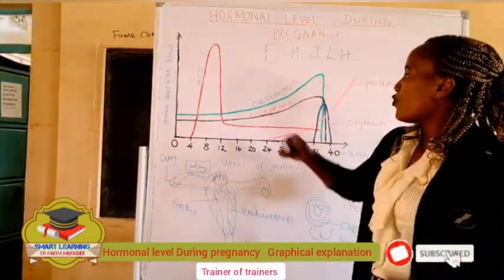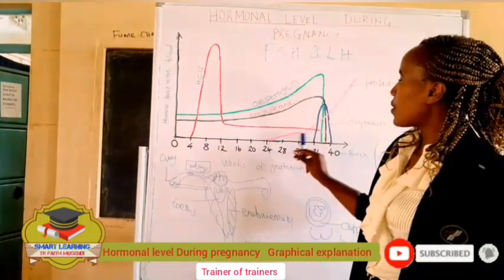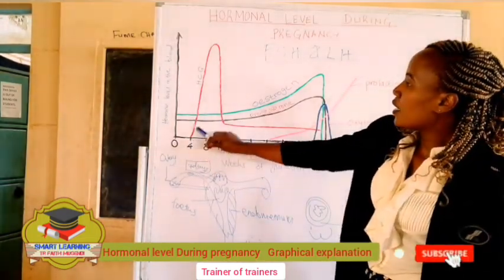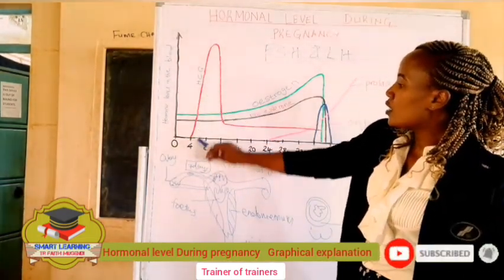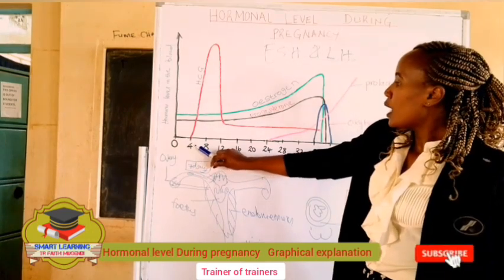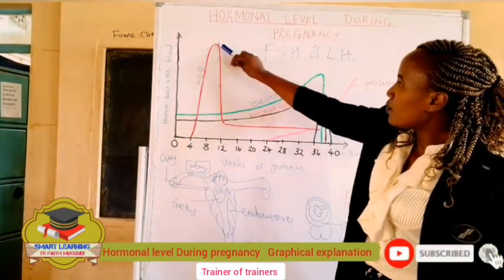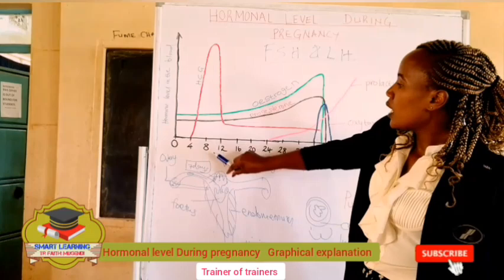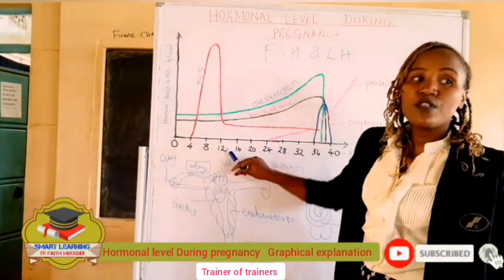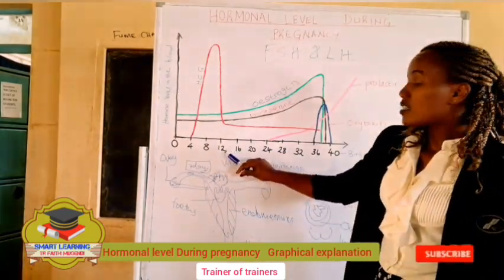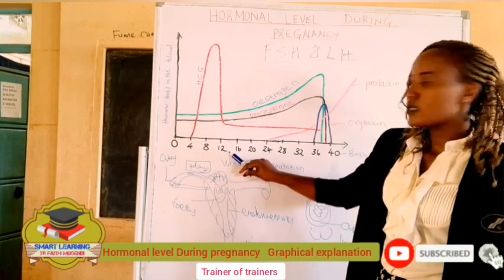If we look at our diagram here, we can see the production of HCG at week 4. And there is sudden production of HCG up to around the 12th week. That is after 4 months. So what does that mean?